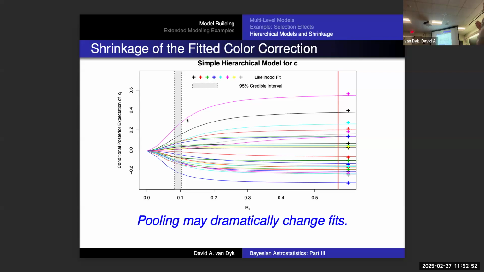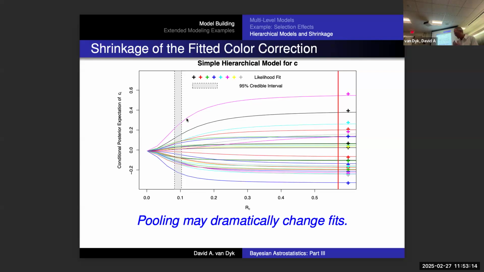But let's focus on the shrinkage aspect of this. So you can see shrinkage from this picture. And remember, what determines the amount of shrinkage is how variable the individual estimators are and how much homogeneity there is in the population.